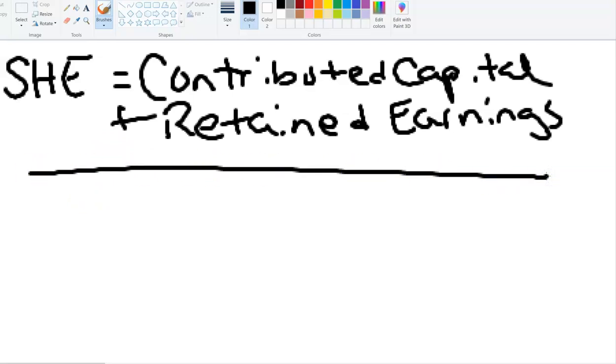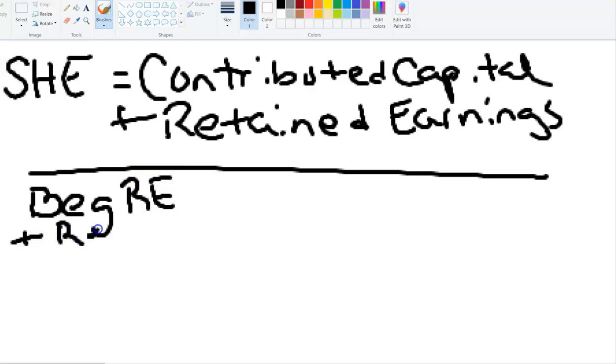However, if we now look, here's the formula for retained earnings. We're going to look at stockholders' equity as a whole and retained earnings over the next few chapters. Right now we're looking at retained earnings because that's the particular statement. So here's the formula: beginning retained earnings, and I'll abbreviate it RE, plus revenues.